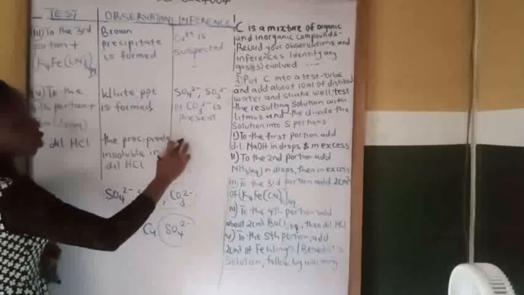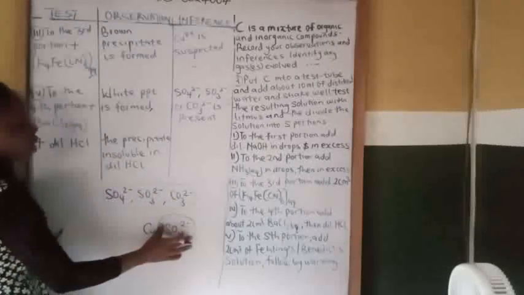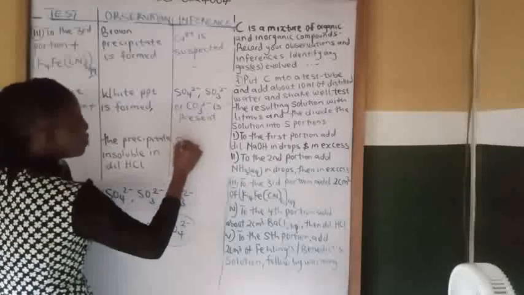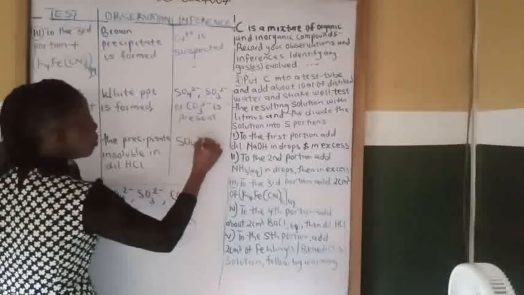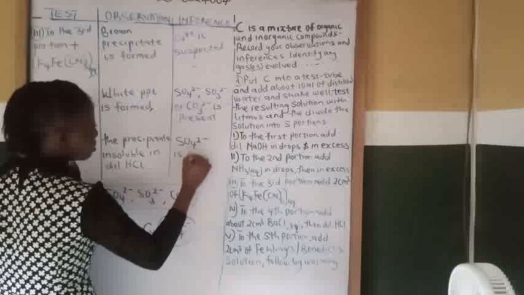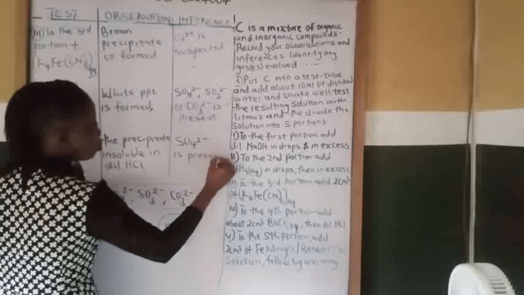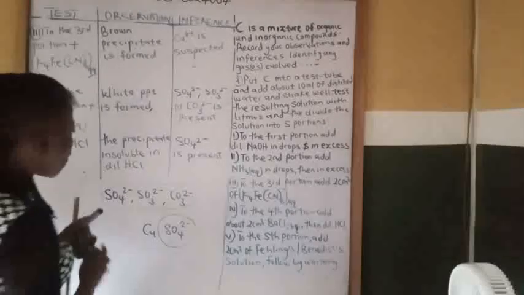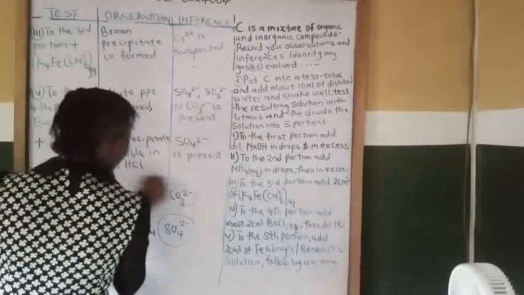We are using this one to single out this SO4. So therefore, SO4 2 minus is present. Then Roman figure 4.